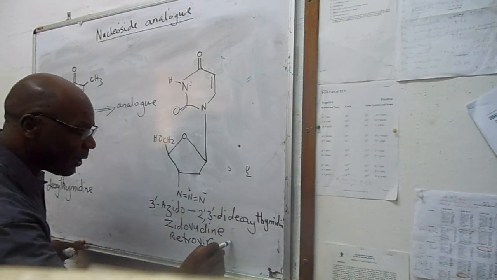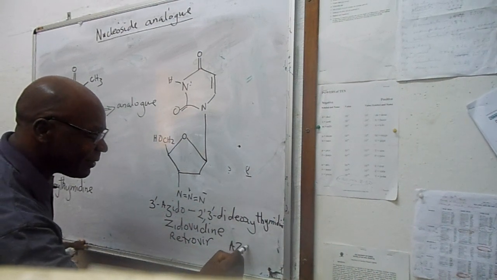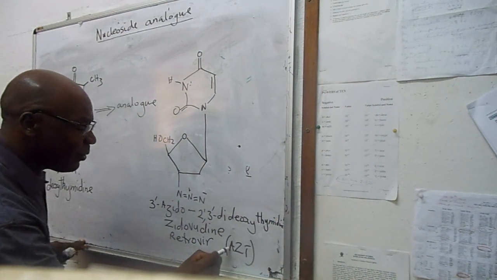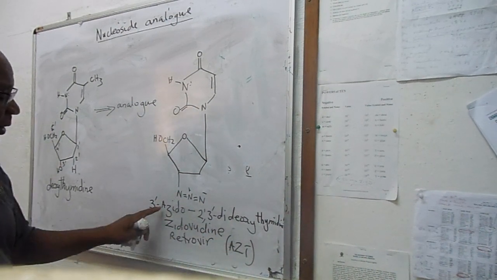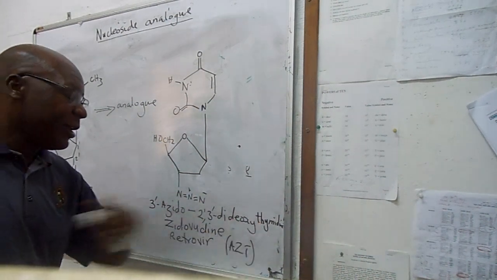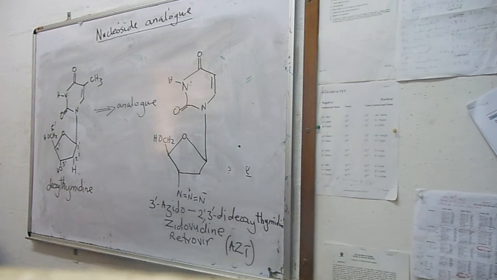Others still call it by the abbreviation AZT: AZ for azido, T for thymidine. It's a famous drug that is still in use in the treatment of HIV. Alright, I'll give 2 more examples.